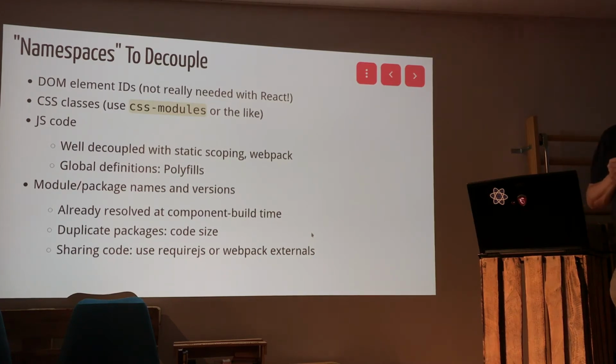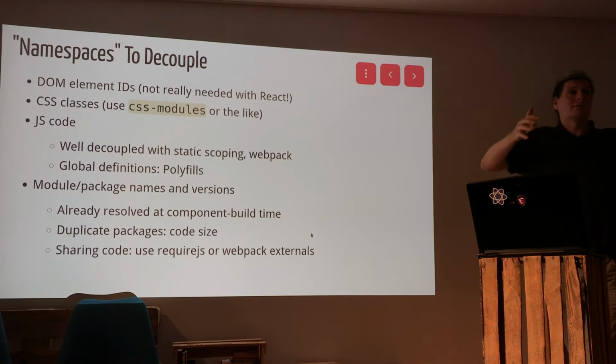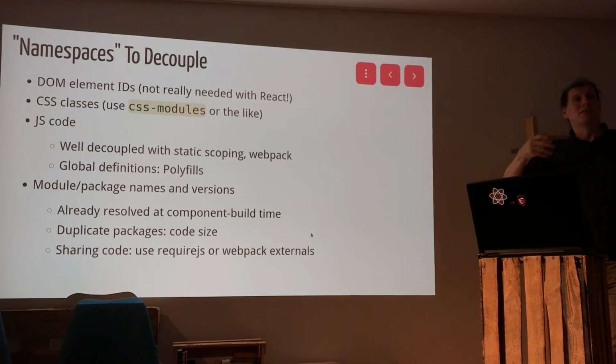Then CSS classes. That's actually a real problem for us, because, of course, we want our entire application to have a uniform look and feel. So we want to use some shared CSS. Currently, we have to make sure that the CSS library used by the parent or by the root application is the same or is sufficiently compatible with what the service UIs need.